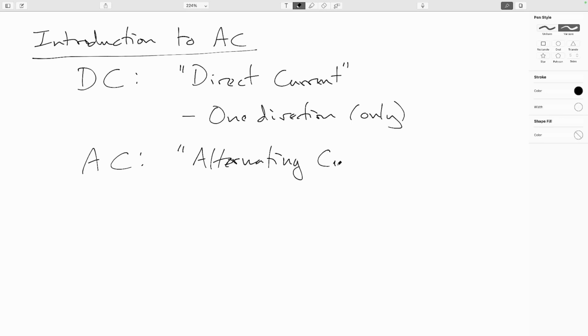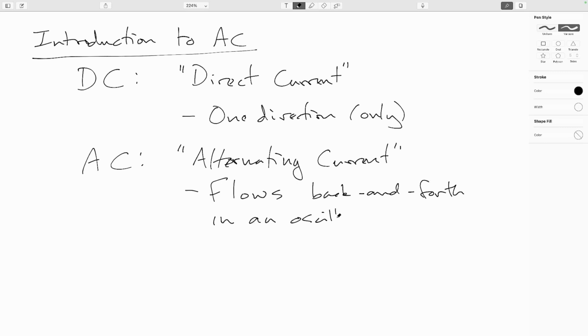And this means that the current flows back and forth in an oscillatory manner.